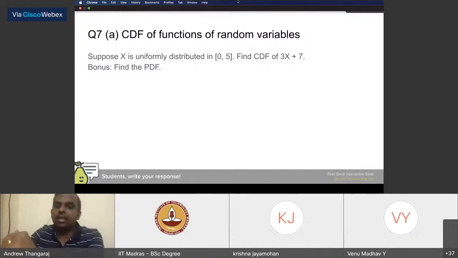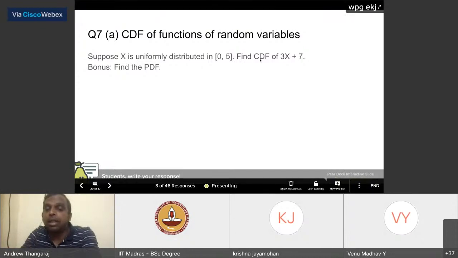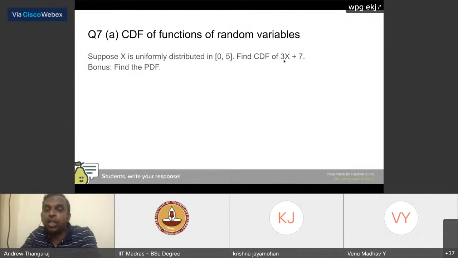Basically, what I wanted to say is there are two steps in finding the CDF of a function of a random variable. The first step is to find the range of the values of that function. See, x is a random variable taking values between 0 and 5. In the first step, you have to find the range of possible values of 3x plus 7, because 3x plus 7 will take different values as x goes from 0 to 5. What is the range of values that 3x plus 7 takes?